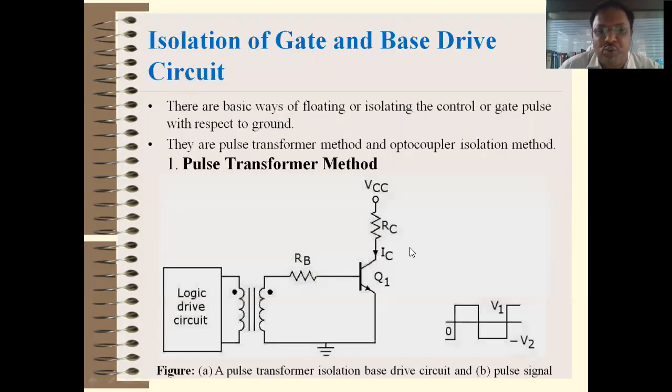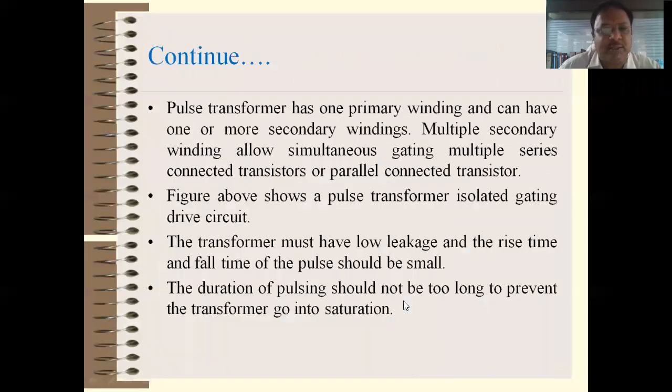Actually, the pulses shown here are not what we get at the secondary of the transformer. The nature is different, maybe an exponential pulse, so there will definitely be a rise time and fall time. So it should be very small, otherwise the on time of the device may increase.